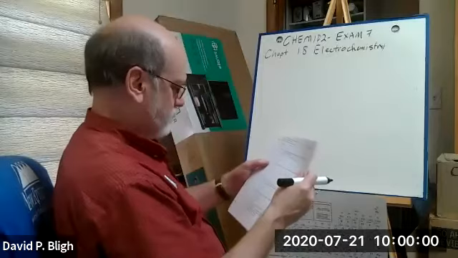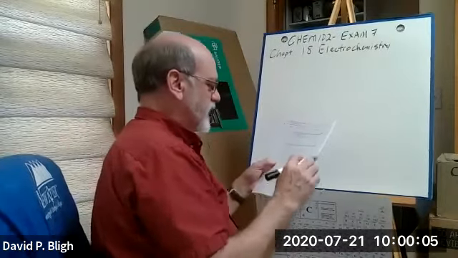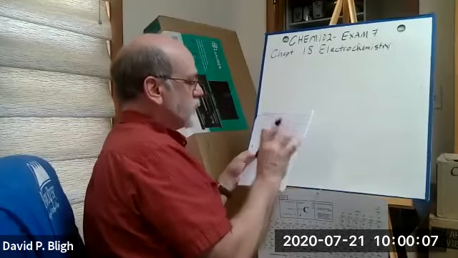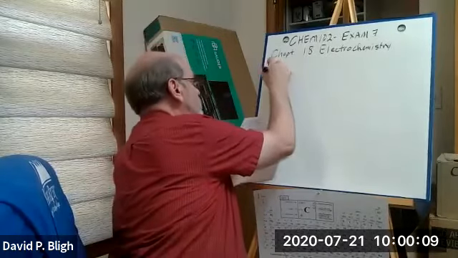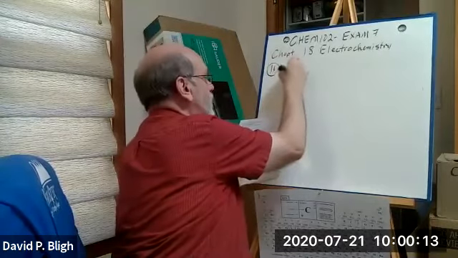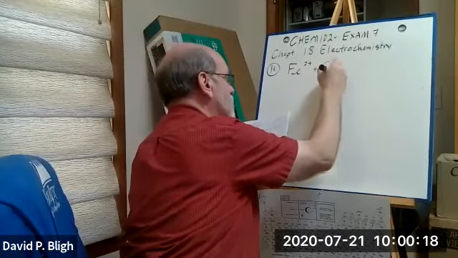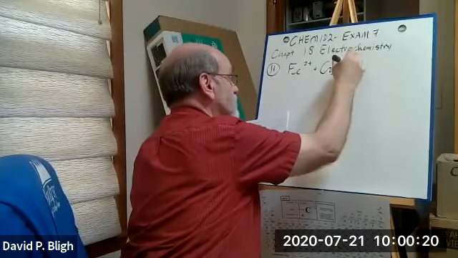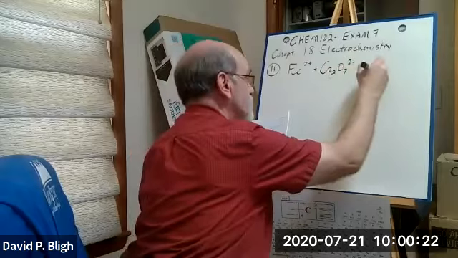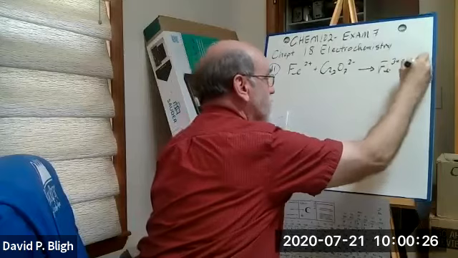Consider the galvanic cell that uses this reaction: Fe2+, dichromate ion, Fe3+, and chromium.